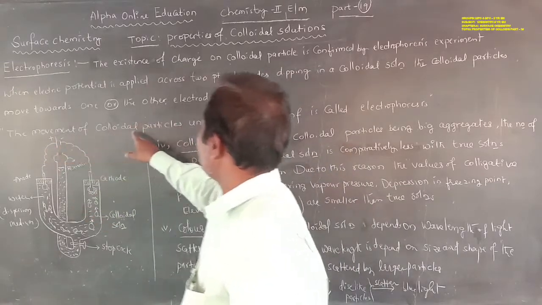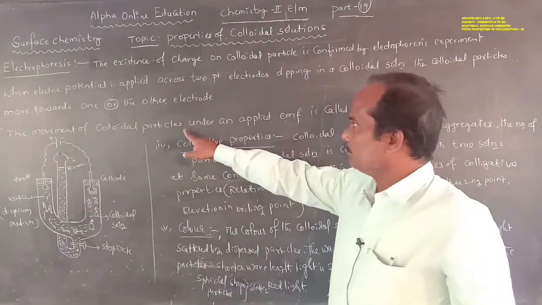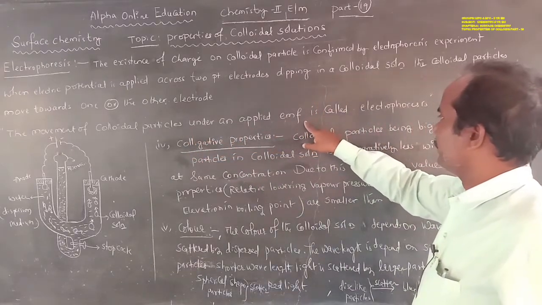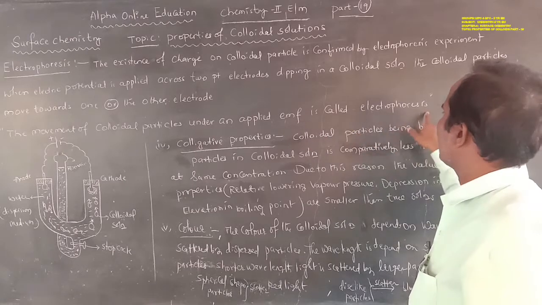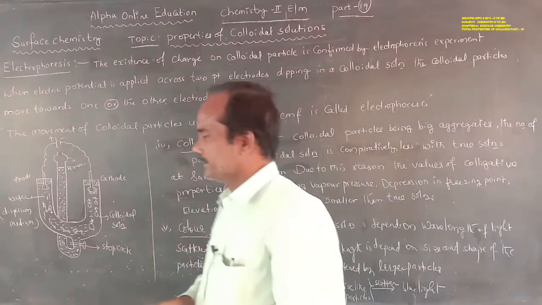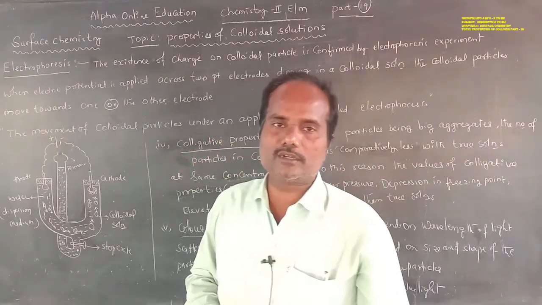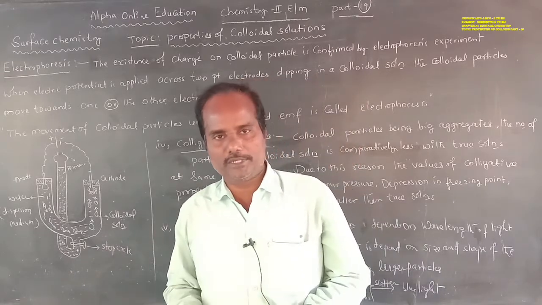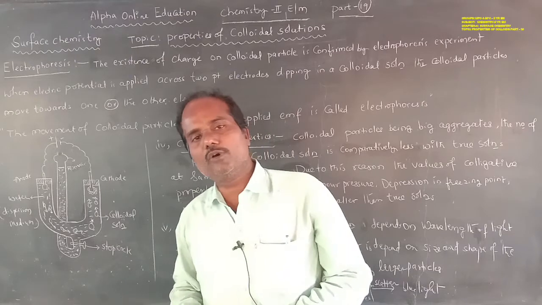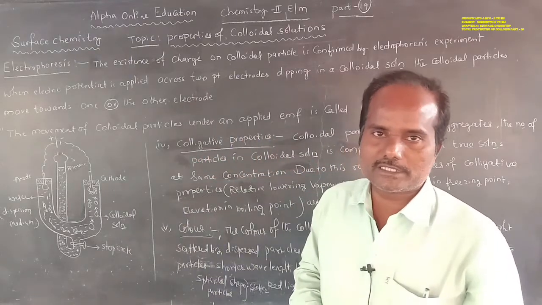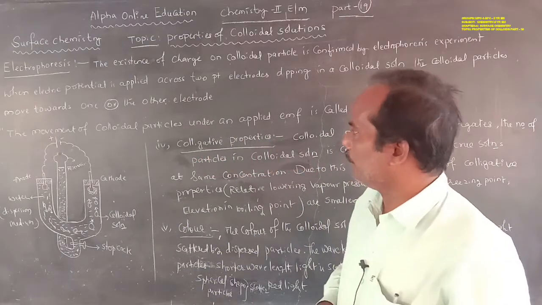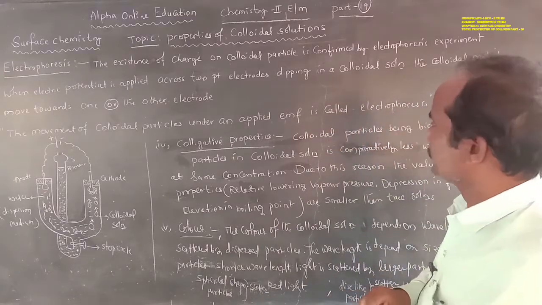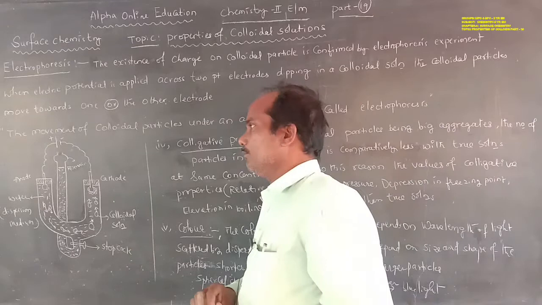The movement of colloidal particles under an applied EMF, electromotive force, is called electrophoresis. So how can we define electrophoresis? It is the movement of colloidal particles in presence of electromotive force.